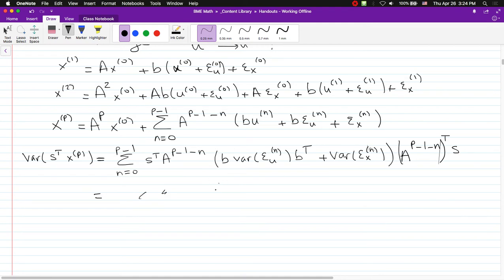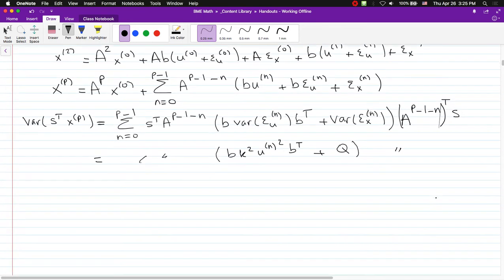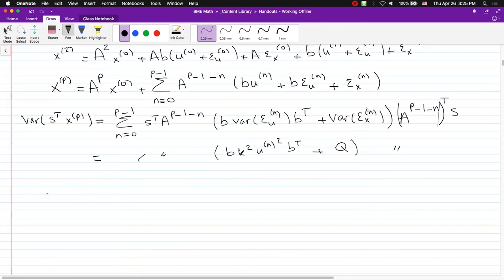This term becomes B times the variance of epsilon u, which is K squared u of N squared, B transpose. This variance is Q, and then these terms here. All right, so we've written the variance of the endpoint in terms of the commands u.